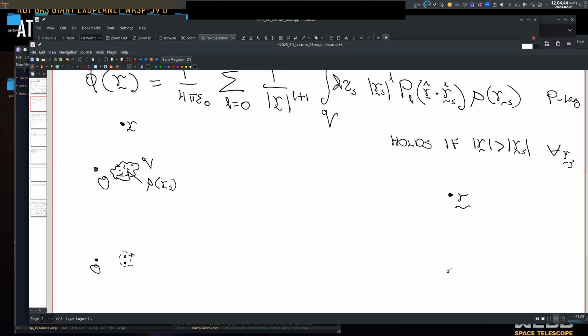However, when I observe it from this vantage point here, if I look very, very carefully, there's something there. But it's not just like a point charge. It's the field of a dipole.